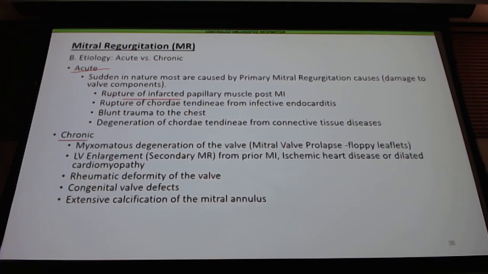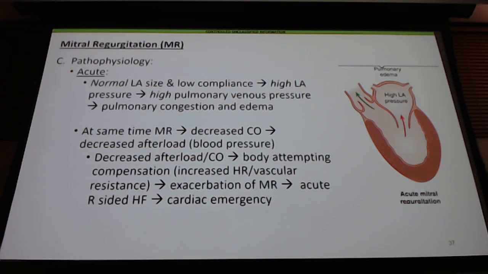If we have chronic, this is going to take time for these conditions to develop that lead to these problems. So that means that we have time for the heart to kind of adapt and develop compensatory changes to deal with this. So things that take a long time are going to be causing chronic mitral regurg.